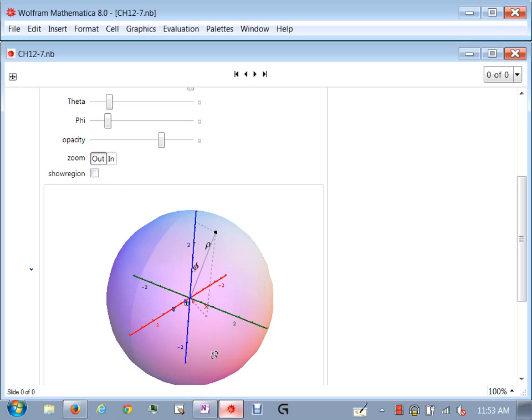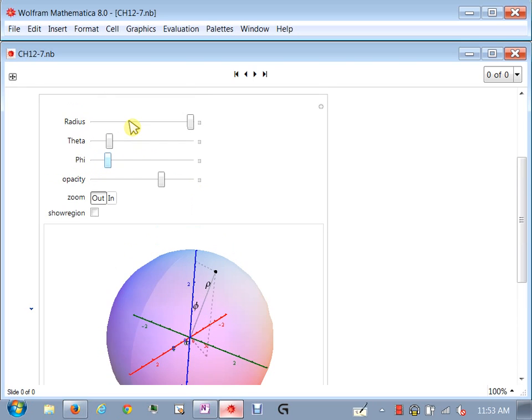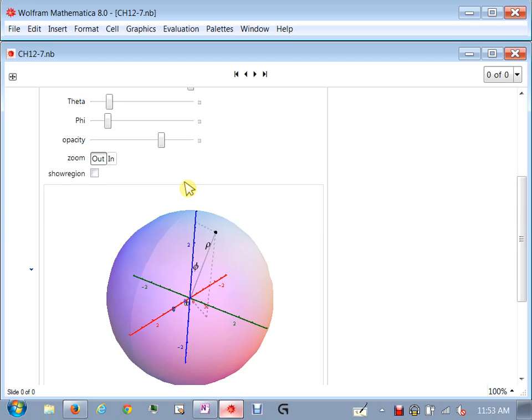It comes out so much better on my own screen. But you see I've rotated into the first octant here. And then, of course, your rho is controlled. That's how far out you want to go. So if I can control theta by swinging around, I can control phi.